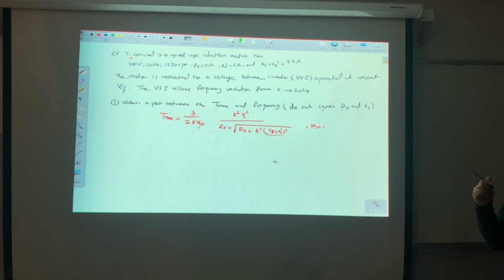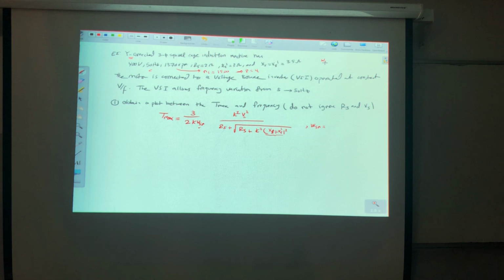It's 1370, so the synchronous speed should be the closest synchronous speed to this one, which is 1500. So this will be 4 poles. So from here, I can say that NS is equal 1500, and this means that it's 50 hertz. So this means that P is equal to 4. Good.